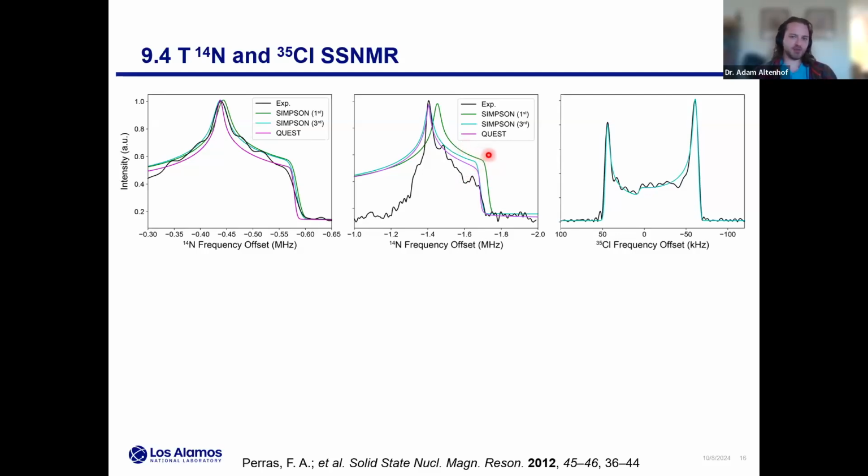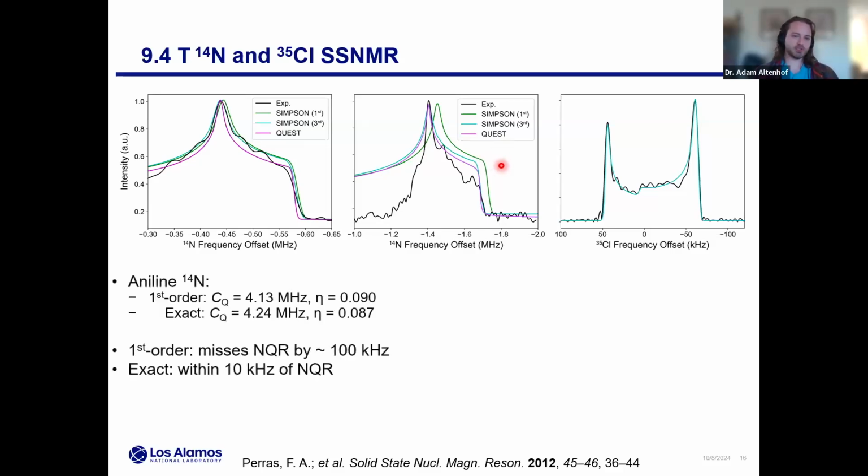In green, I have the SIMPSON simulation using first order perturbation theory. Then I can take SIMPSON up to third order perturbation. Ultimately, what we want to do is use exact simulations like QUEST from Fred Perras and David Bryce.